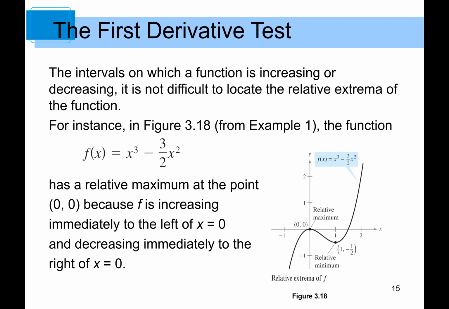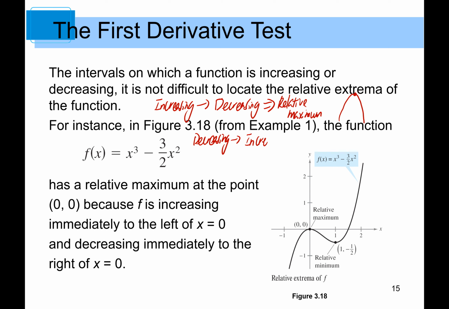If the function goes from increasing to decreasing, that indicates a relative maximum. If the function goes from decreasing to increasing, that indicates a relative minimum.